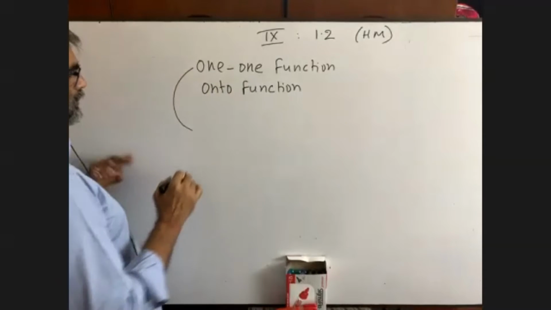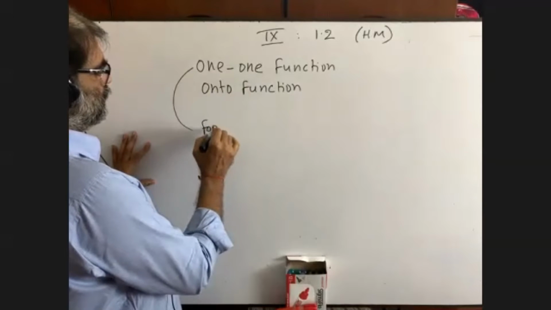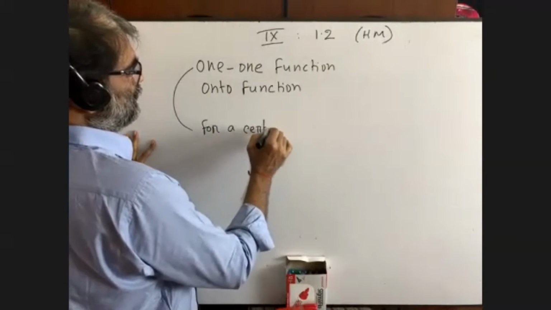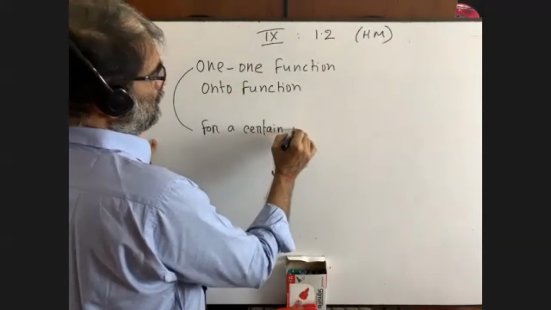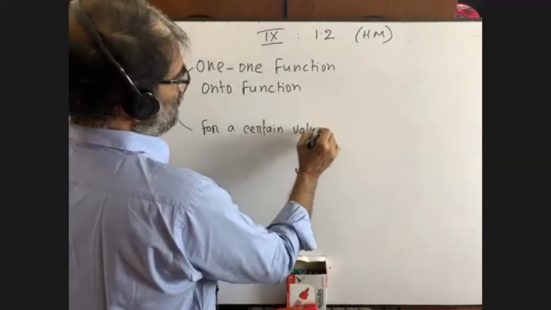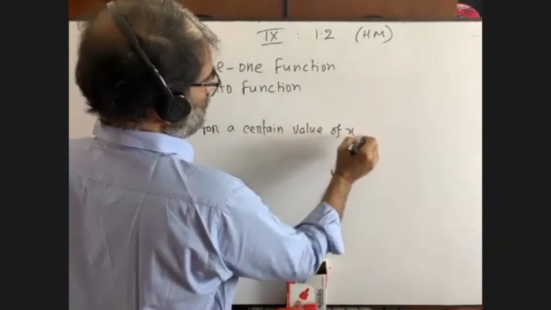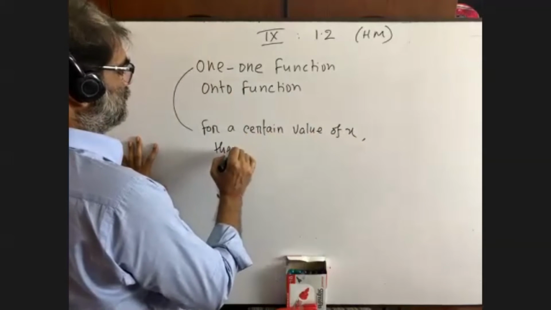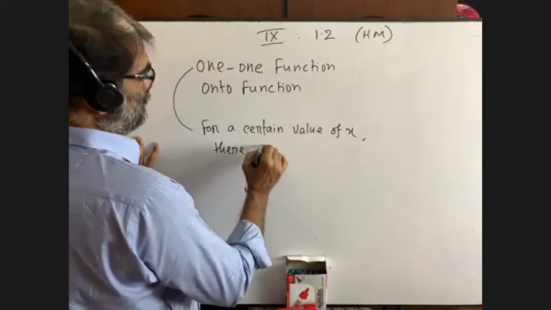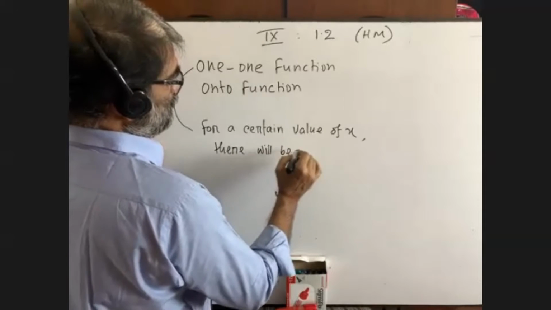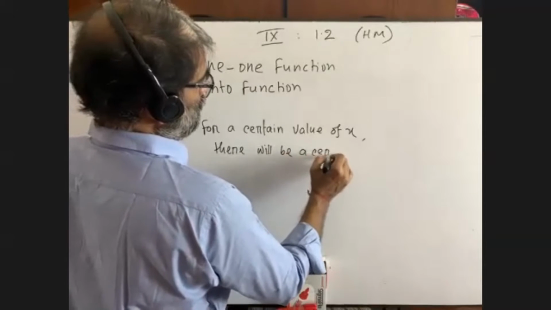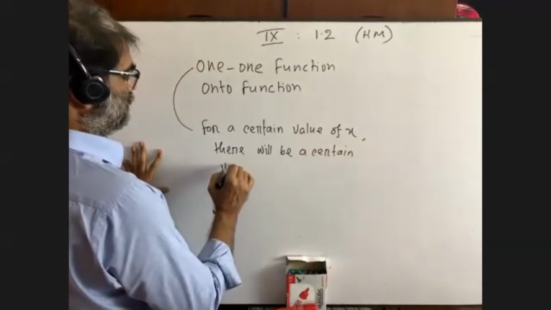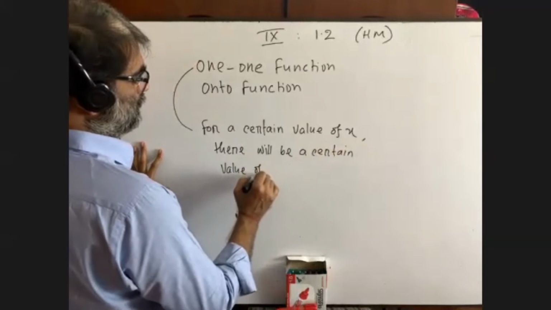One function means what? Write down, for a certain value of x, there will be a certain value of y.